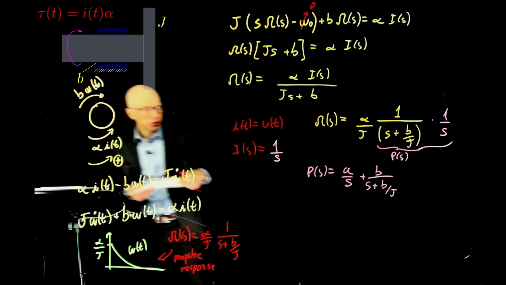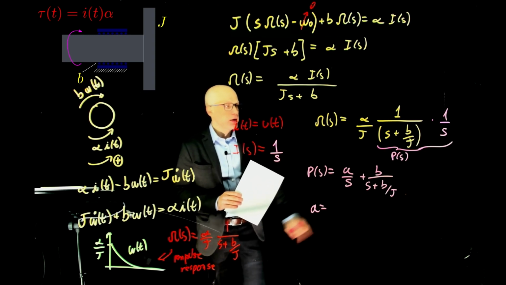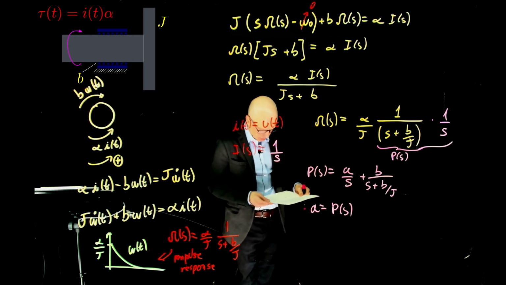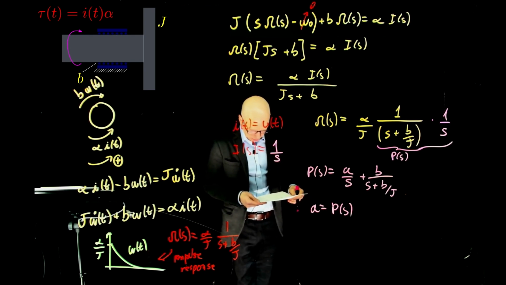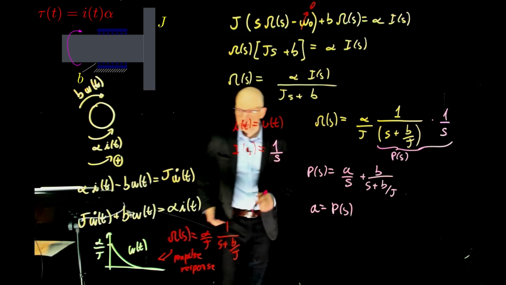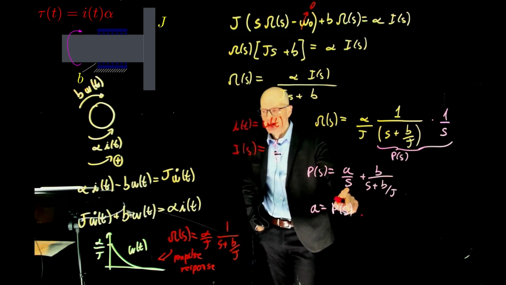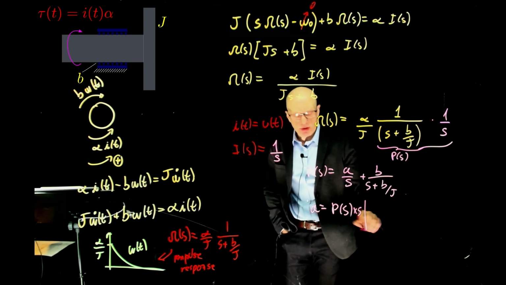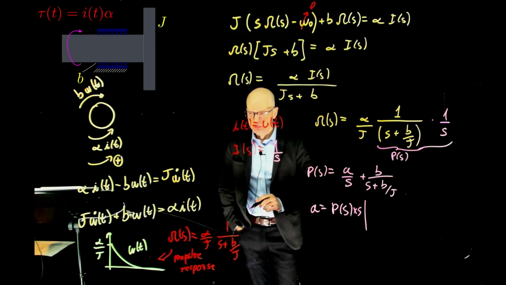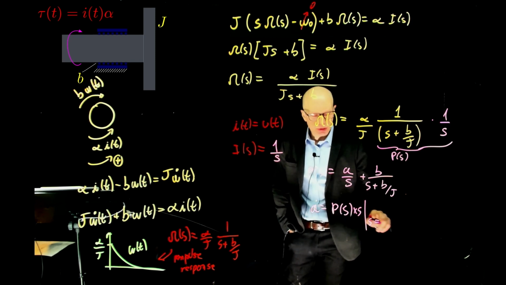How do we find these coefficients? Give me the expression for a. A is p of s times what? p of s times whatever divides a, which is s, evaluated at s equals 0.